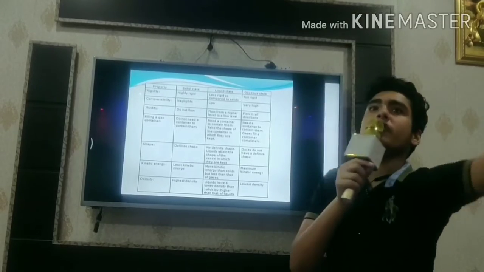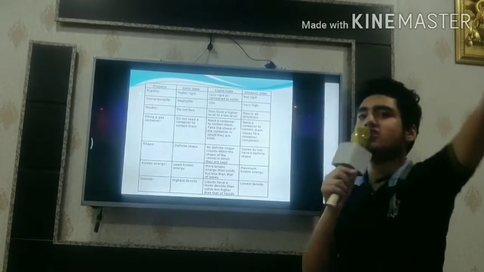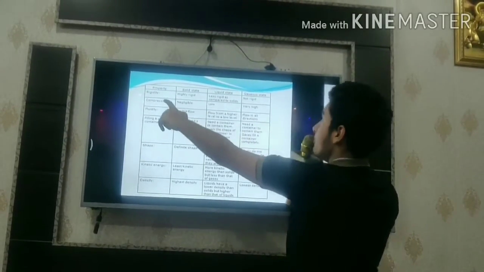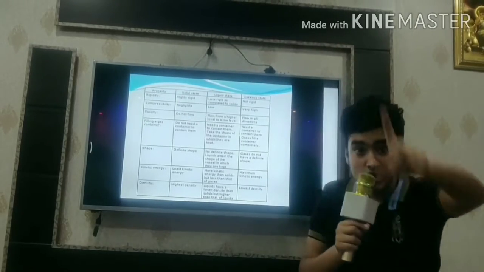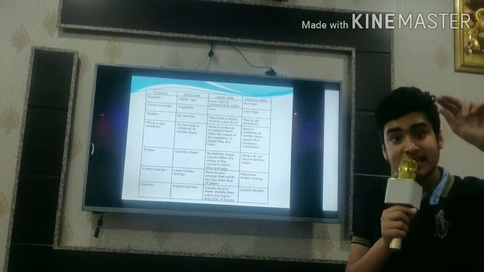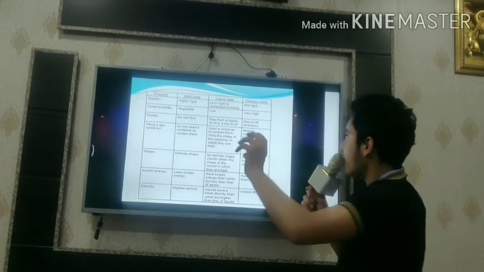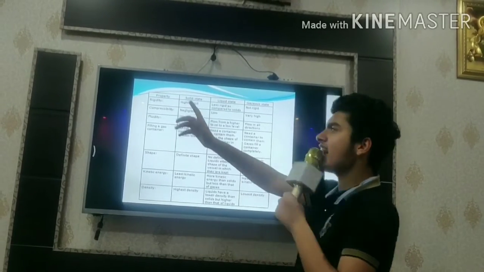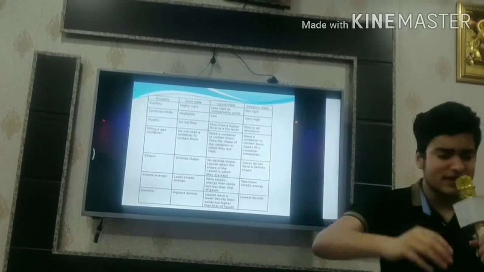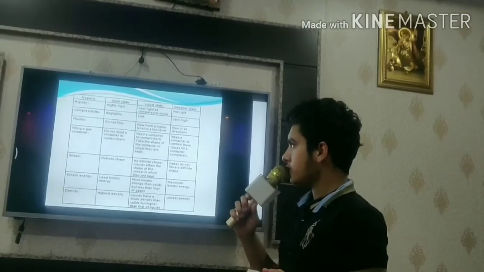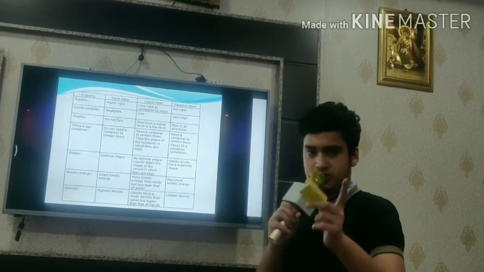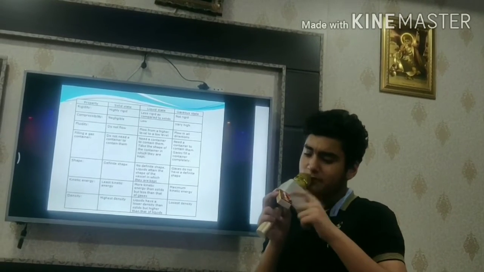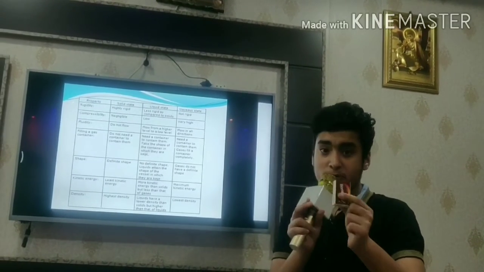See, we are moving our hand. No one is stopping it. So, compressibility is the tendency of a body to decrease in volume when subjected to an external force. In the solid state it is negligible. We cannot compress it. See, the hand is not pressing in because this is solid.